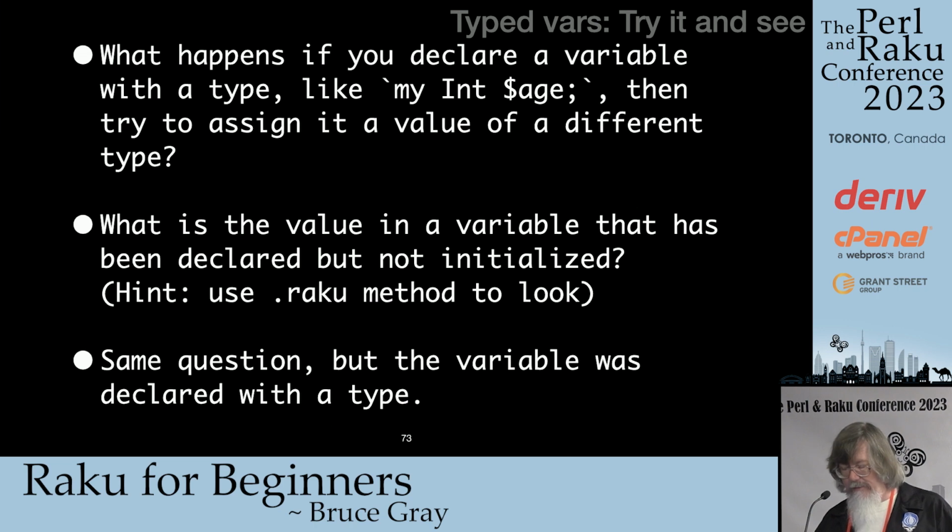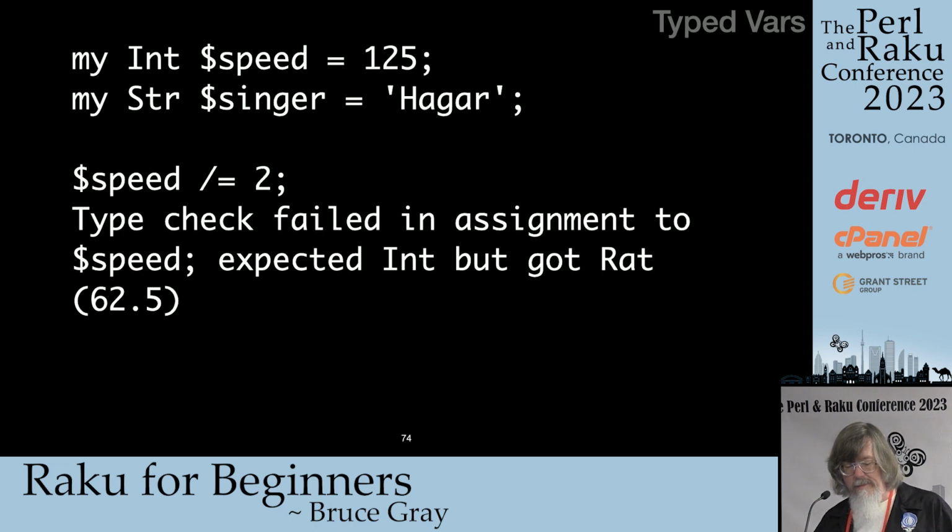And same thing without a type. This may seem trivial, but it brings up an important point about how type restrictions work in Raku compared to how people expect them to work.